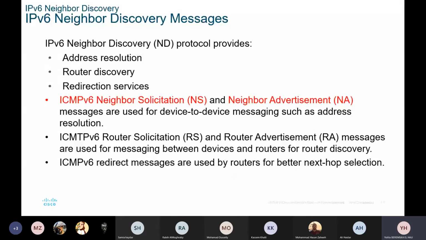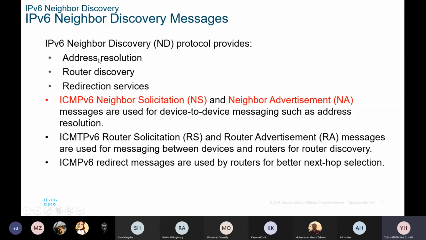About IP version 6. Here we have, as I said, some differences in the protocol IPv6, where the devices in a domain can send messages using NDP, the neighbor discovery protocol. The neighbor discovery protocol provides the messages neighbor solicitation and neighbor advertisement.